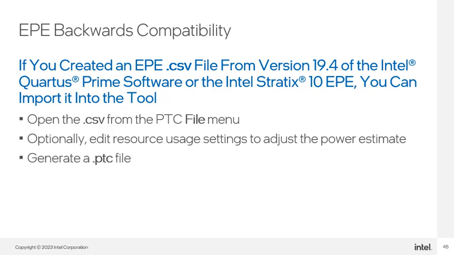If you want to use this older format file, open the .csv file in the tool, add to or edit the resource usage settings as desired, and save as a .ptc file. Note that this does not work with any older versions of the EPE, but you can bring older version .csv files into the 19.4 version of the EPE, create a 19.4 version of the .csv, and then bring that file into the PTC.